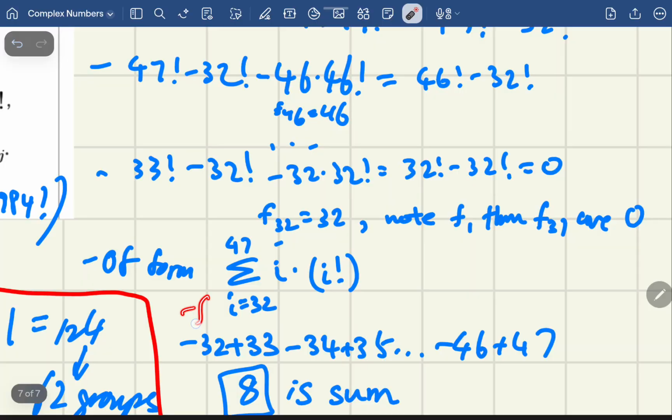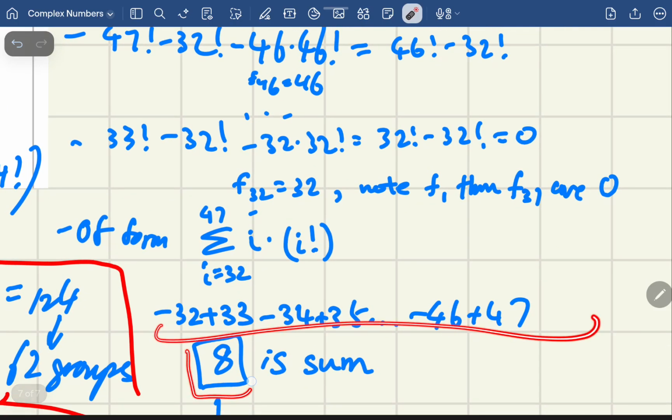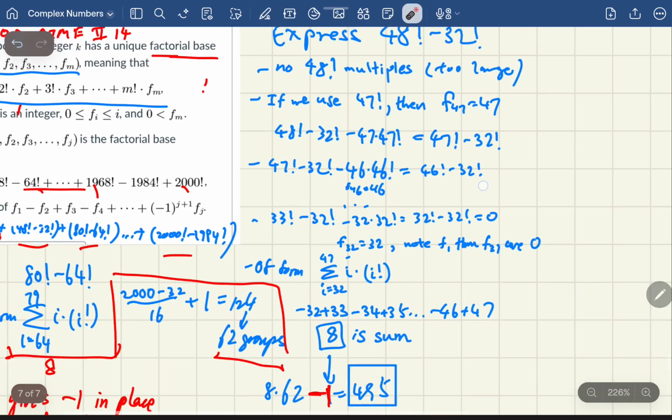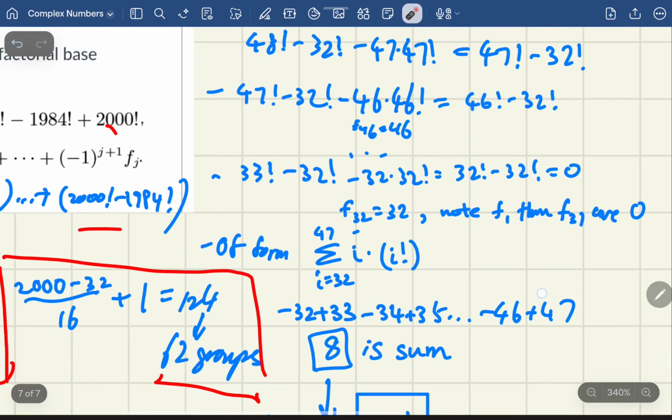Now if we actually evaluate that part, and then that continues, you just get this, right? And this sum turns out to be 8. So in essence, the alternating sum of 48 factorial minus 32 factorial is 8.